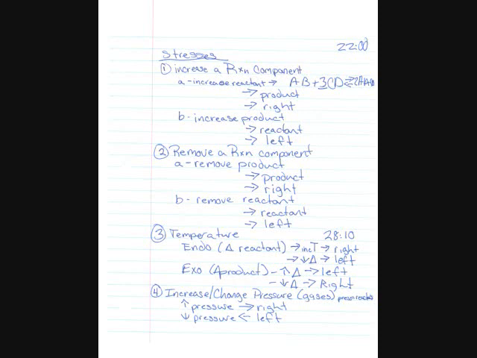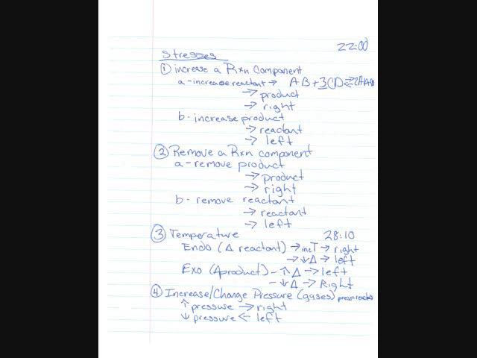We're seesawing back and forth, and I remove some of this. What do you think is going to happen? If we want to have the same amount of product and reactant, and I've removed product, it's going to shift towards the product. It's going to want to make more because there's an imbalance here.